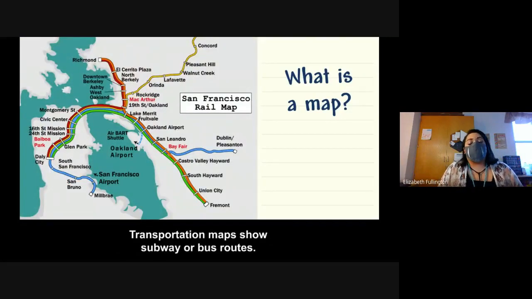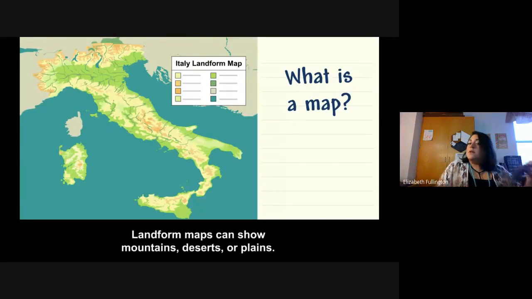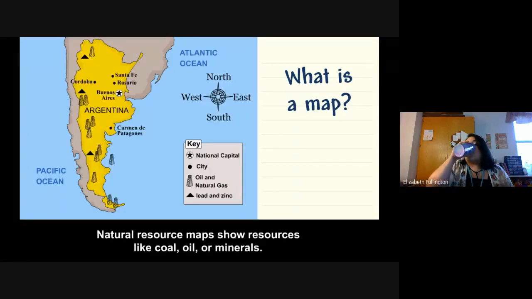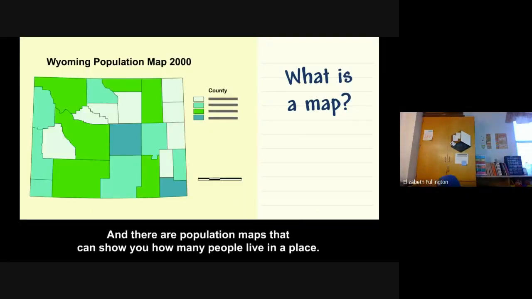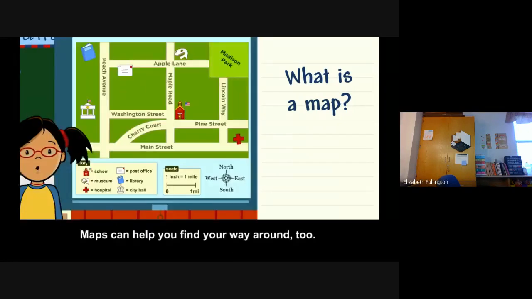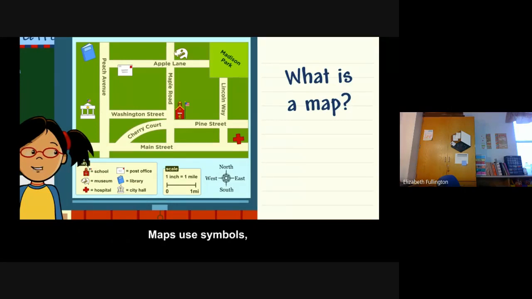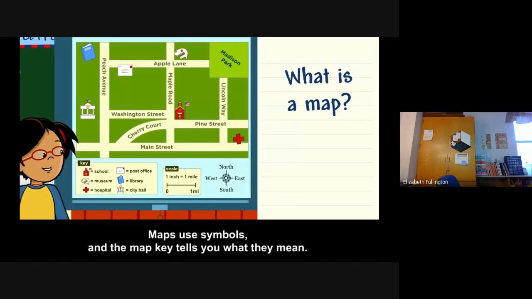Transportation maps show subway or bus routes. Landform maps can show mountains, deserts, or plains. Natural resource maps show resources like coal, oil, or minerals. And there are population maps that can show you how many people live in a place. Maps can help you find your way around, too. Maps use symbols, and the map key tells you what they mean.